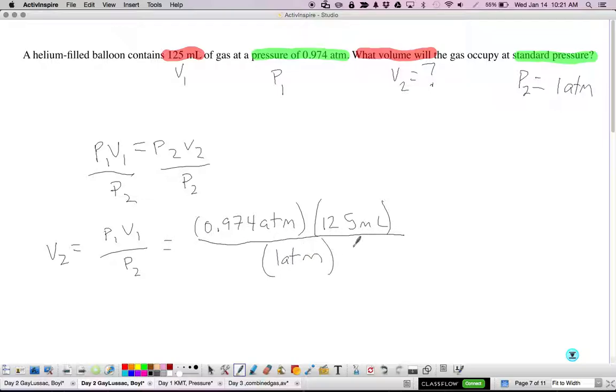And that is 122 milliliters. I have 3 significant figures in both of these numbers, and this 1 atmosphere is a definition, so it has infinite significant figures. So just 3 significant figures in the answer.